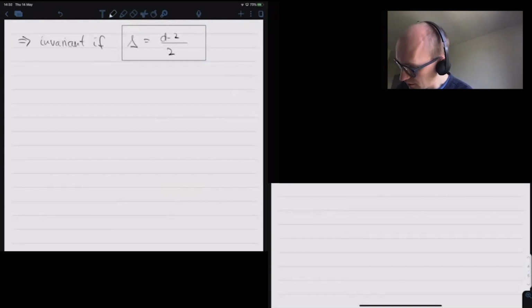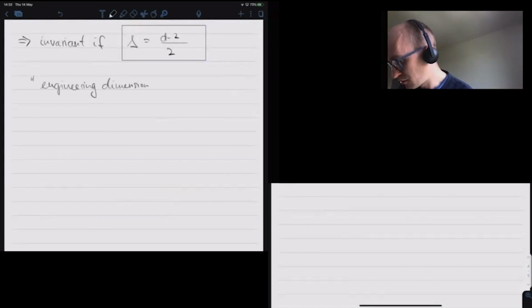Let me write it here. This is sort of the engineering dimension of a classical scalar in d dimensions.